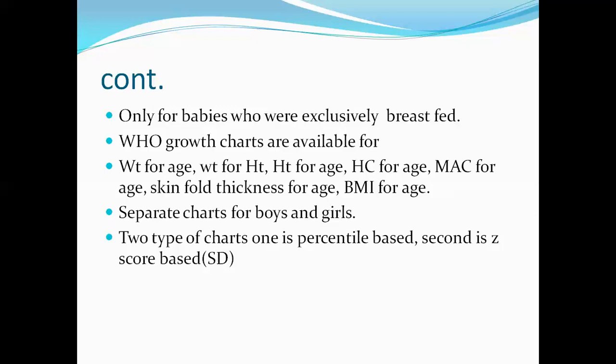Why do we say these are better for under 5, and not above that? Because above 5 years of age, WHO growth charts are not based on the MGRS study, but on previous studies only. Now the charts are of 2 types. One is percentile based, the second is Z-score based, that is standard deviation based.